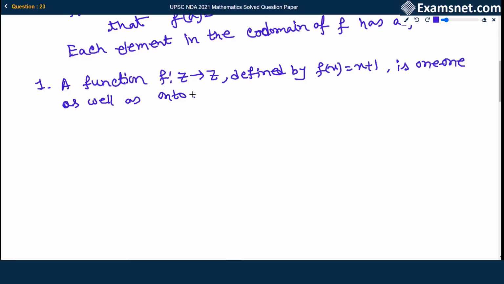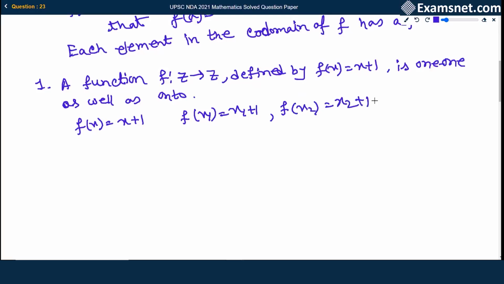That means we can define f(x) equals x plus 1. So let's say x1 and x2 both belong to Z. So we can write f(x1) equals x1 plus 1 and f(x2) equals x2 plus 1.